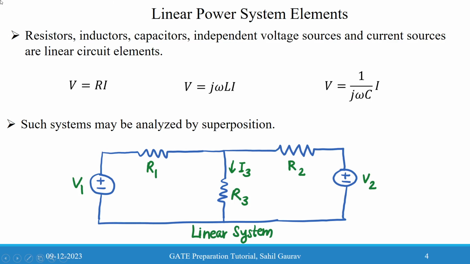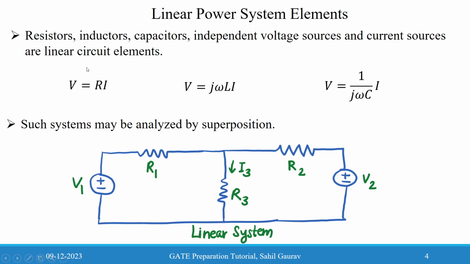Now, what are the linear power system elements? Resistors, inductors, capacitors, independent voltage sources, and current sources are all linear circuit elements. For resistors we can write V is equal to Ri, for inductor we can write V is equal to XL i, and similarly for capacitor we can write V is equal to 1 divided by j omega C times i.